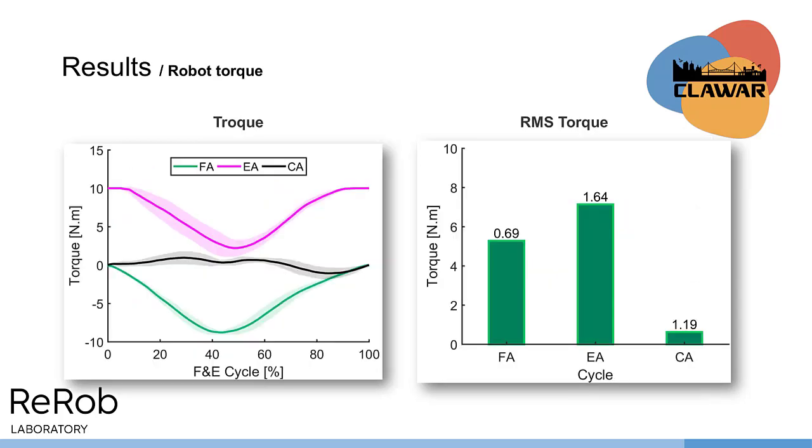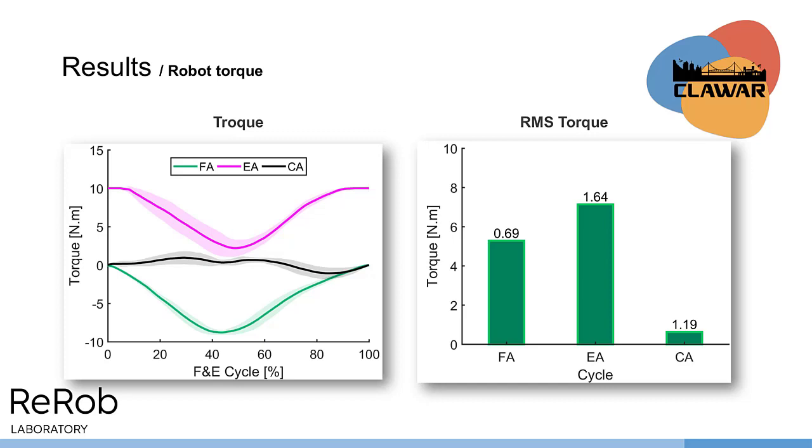With regard to the torques applied by the exoskeleton over time, and the root mean square values across the 3 different configurations, we can annotate the following. During the flexion assisting mode, the torque profile exhibited an interesting pattern. Initially, the torque was at 0 because the movement started with the knee in a flexed position.